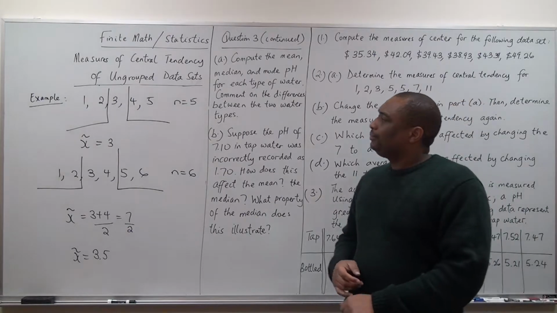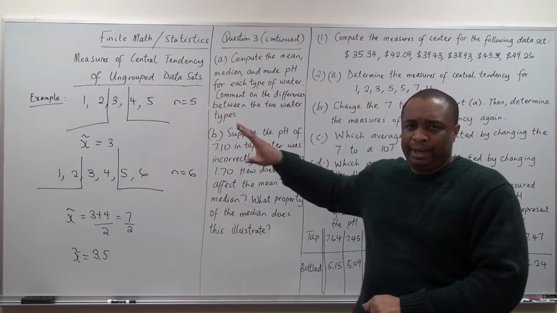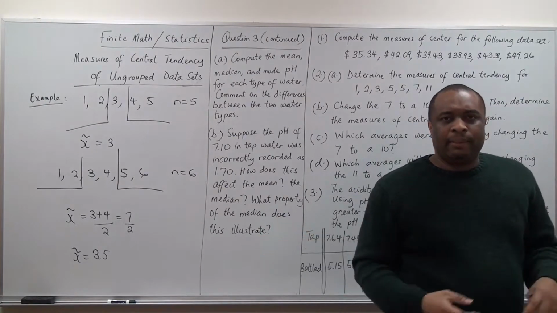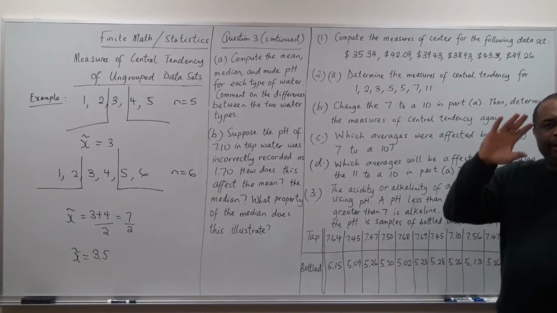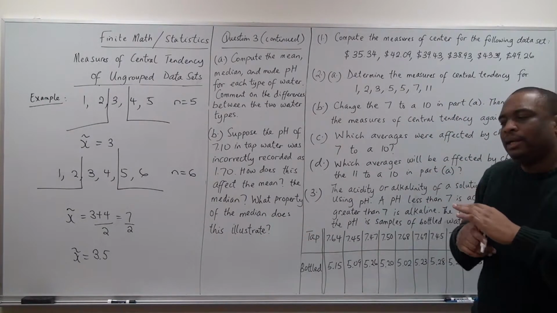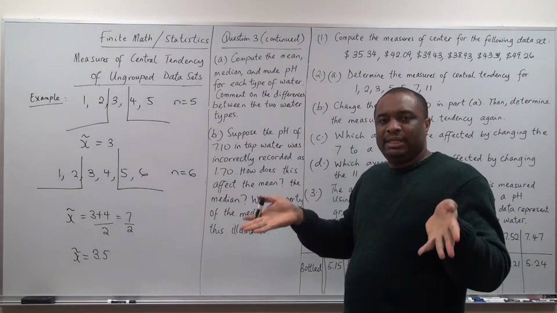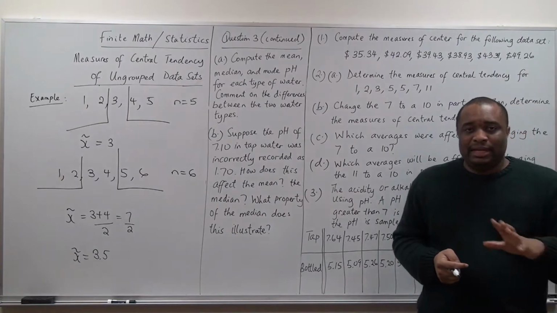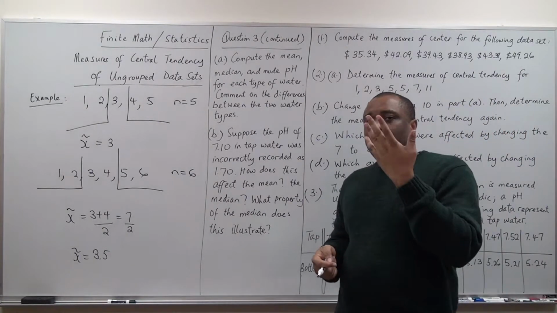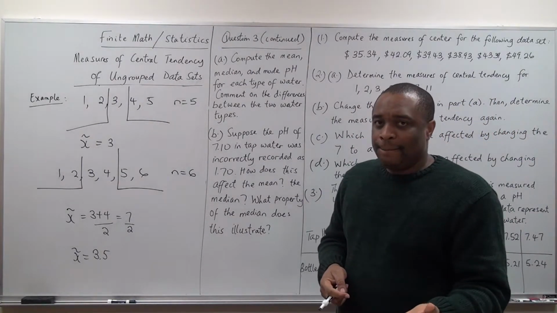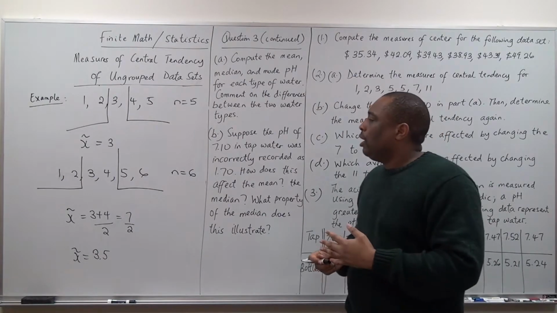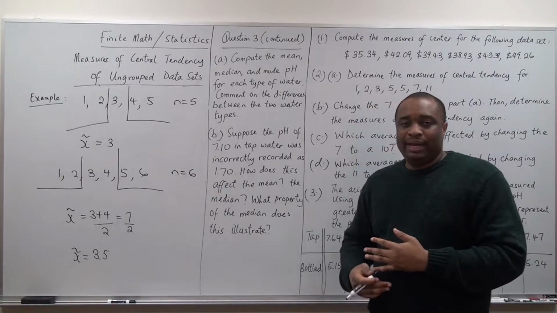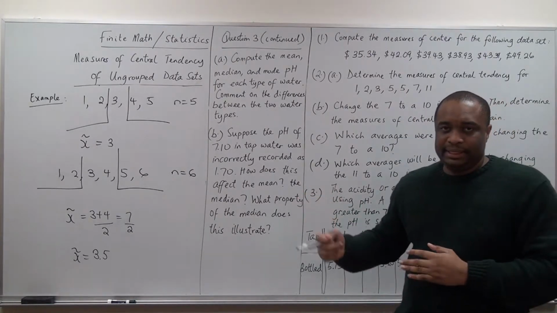You can group the data set, you don't just leave it like raw data. You can group it first by putting it in a frequency distribution table, and then use a particular formula. There's a formula you use to find the median. Or another thing is to use the formula that we can now derive from this.